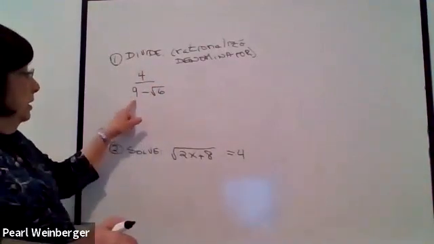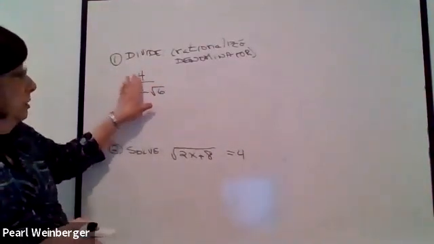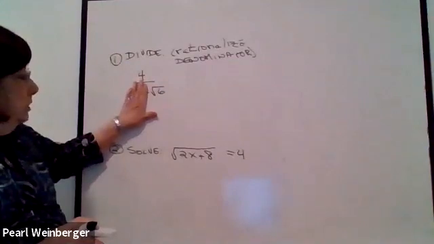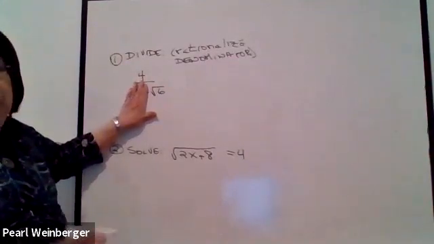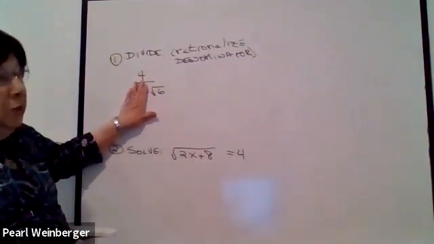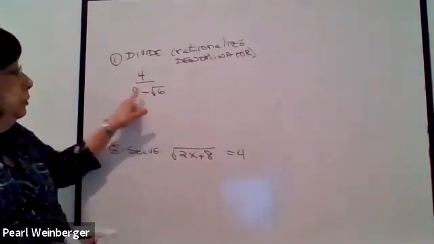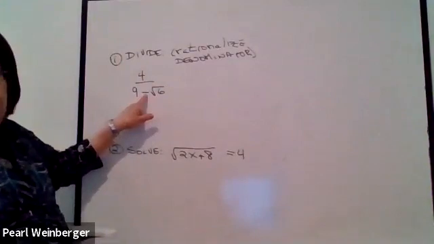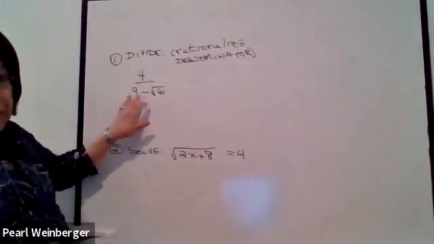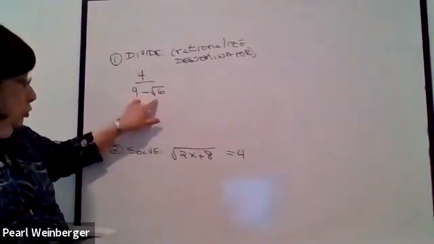If it would have been just the square root of 6, just one term there, then we would have multiplied by the square root of 6. But when we have two terms, which we see right here, because there's a plus or a minus between them, it means it's two terms.